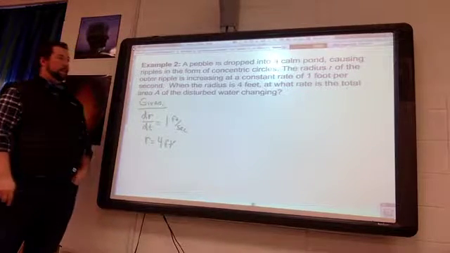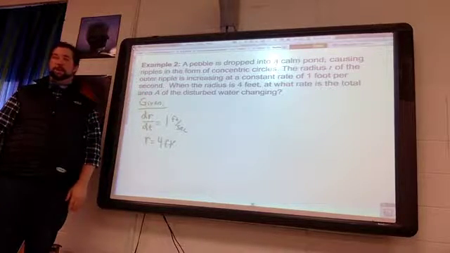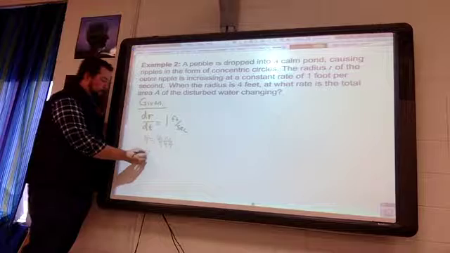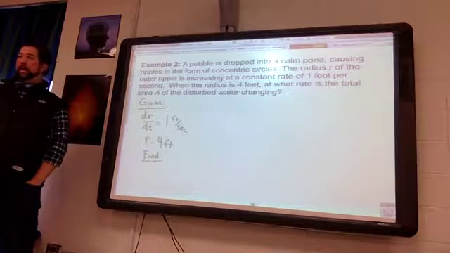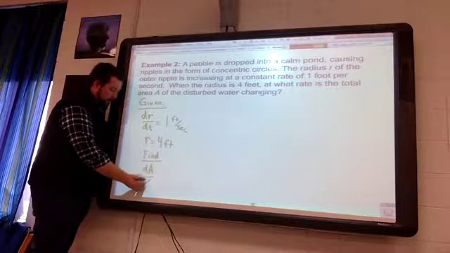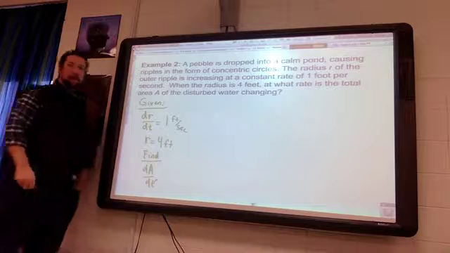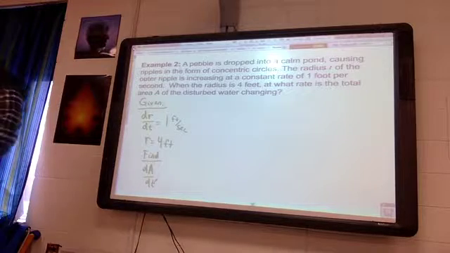All right, and then finally it says, at what rate is the total area of the disturbed water changing? So our find is going to be the rate at which area is changing. So that's going to be dA dt. That's what we're trying to find. Okay, so we have some given, we know what we're trying to find.